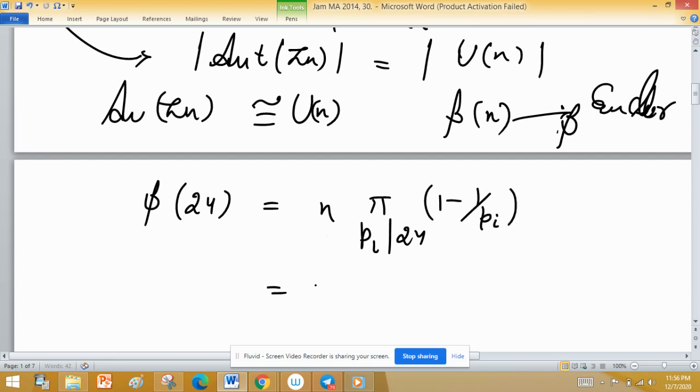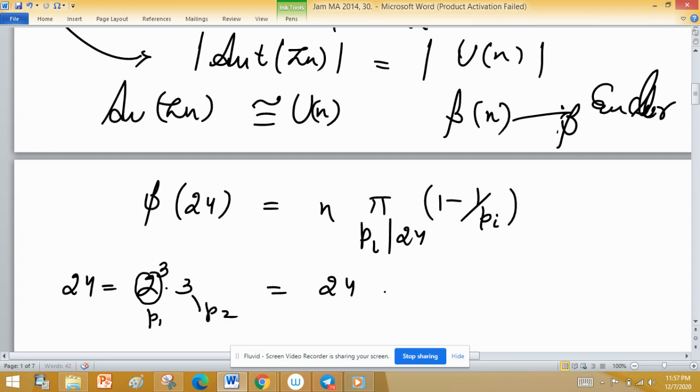It means n is 24, and the p_i are, since 24 can be written as 2 raised to the power 3 into 3, this is p1 and this is p2.